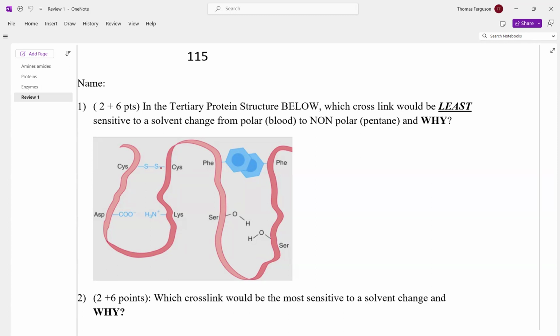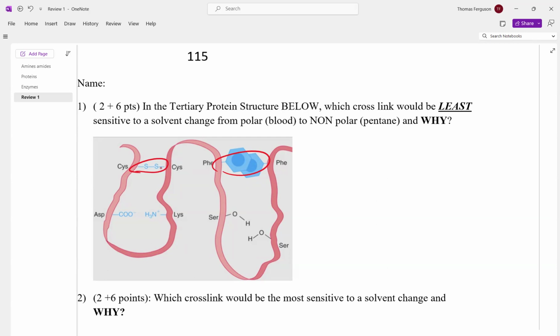The weakest one is only intermolecular forces, LDFs only. So it's very susceptible to temperature and pH changes. The covalent one, the disulfide, is very strong. It's not dependent on temperature and pH. It will stay linked up.